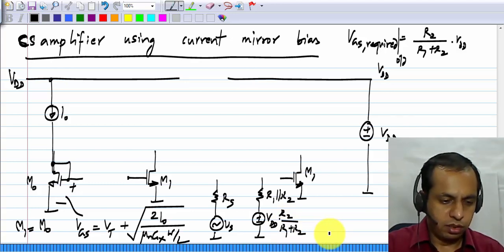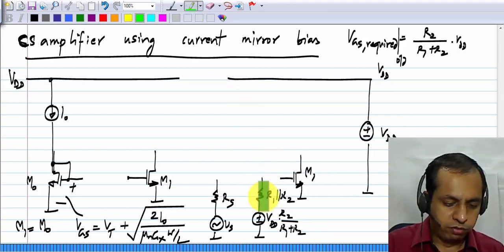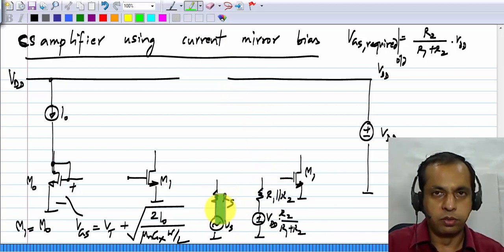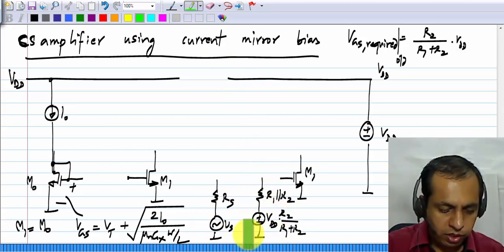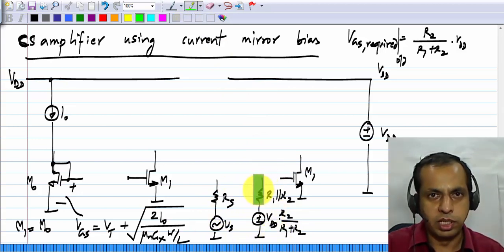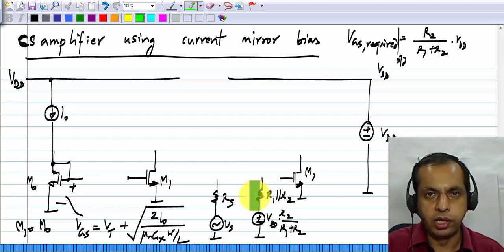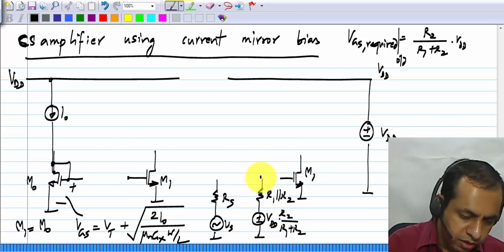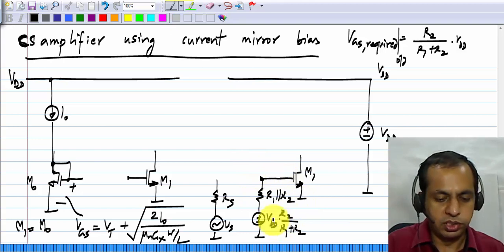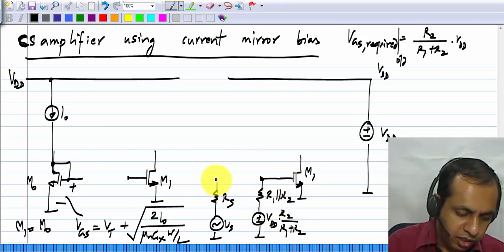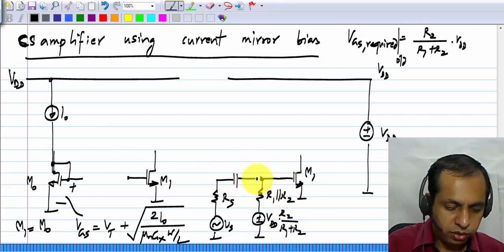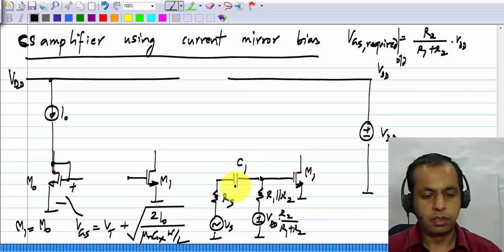So how did we have this value of bias and this value of signal? We connected this value of bias through a resistor. Now we didn't use an explicit resistor because this resistor is already in place. So the bias voltage is connected to the gate through a resistor and the signal voltage is connected to the gate through a capacitor.